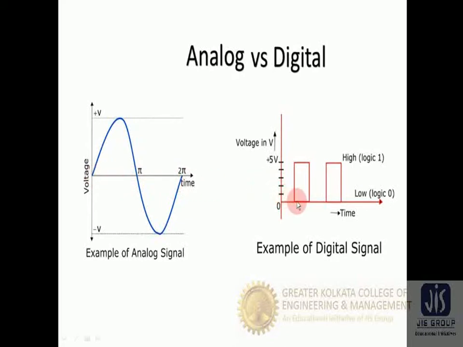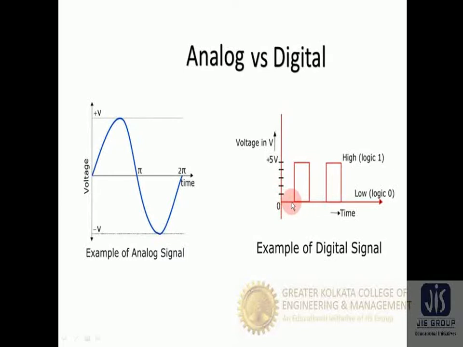In the case of a digital signal, we look at the amplitude domain. The amplitude domain is the key domain to identify whether the signal has a discrete or analog nature. That means a digital signal or an analog signal can be classified with the help of the amplitude domain. If the amplitude domain is continuous, the signal is called analog, and if the amplitude domain, or the voltage domain, or y-axis is discrete in nature, then the signal is called a digital signal.